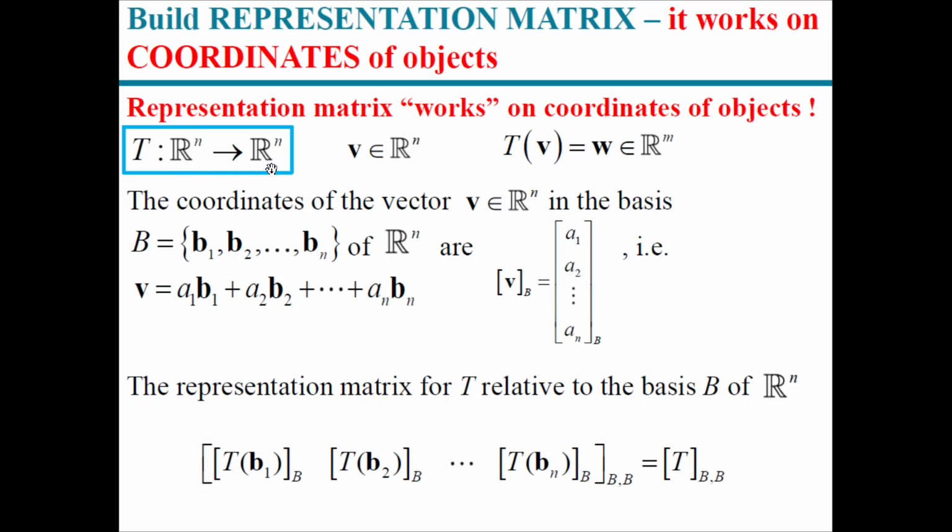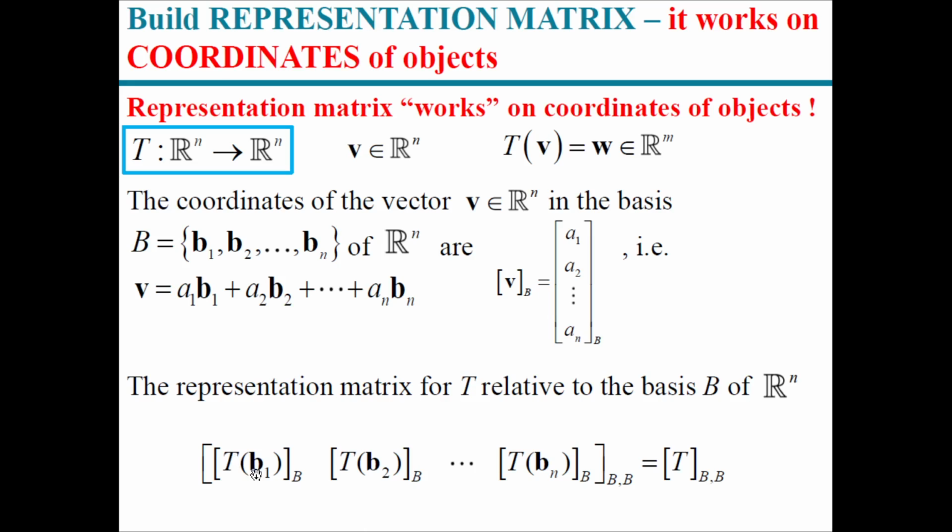Be careful. You need to remember that a linear transformation T works on objects, which means it takes a vector from R^n and gives an output vector from R^n. So when you compute the representation matrix for T relative to basis B, that means you have basis B for inputs and basis B for outputs, which means you apply the linear transformation T to the basis vectors from basis B. So TB1, that's easy.